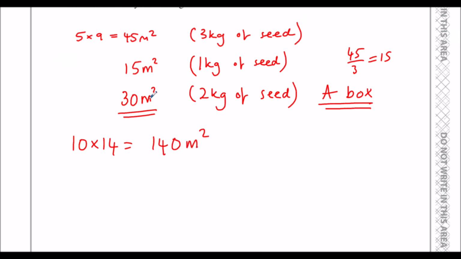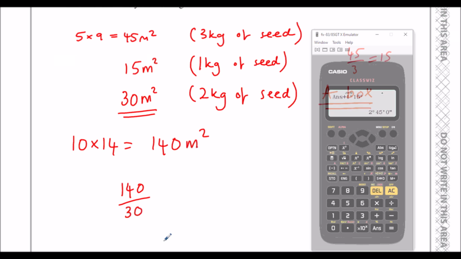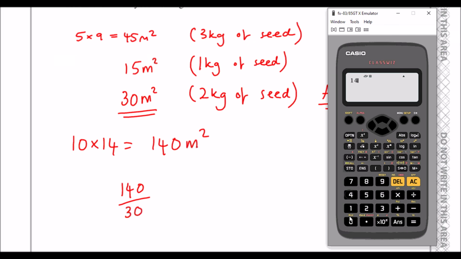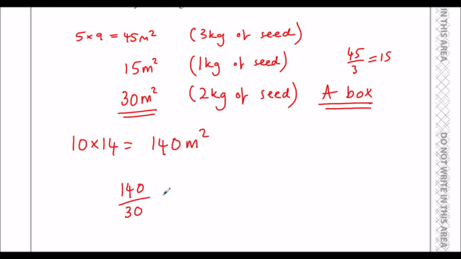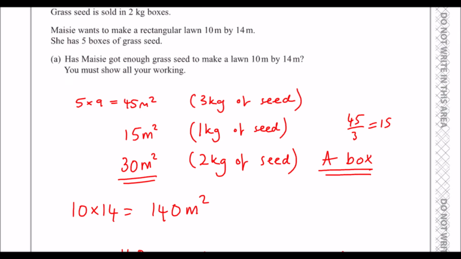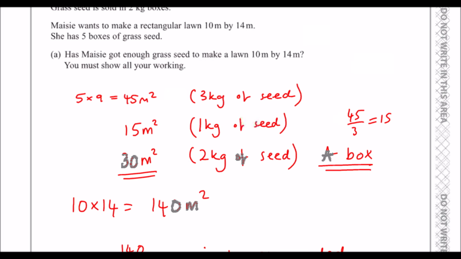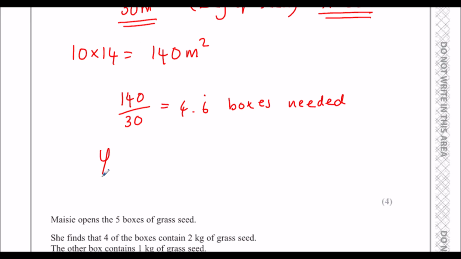How many 30s? 140 over 30 is 4.6 recurring boxes needed. She has 5 boxes, so she has enough. 5 is bigger than 4.6 recurring.